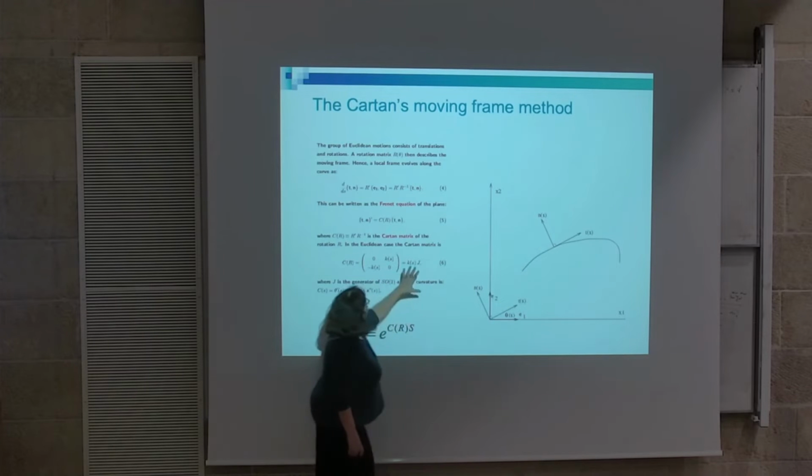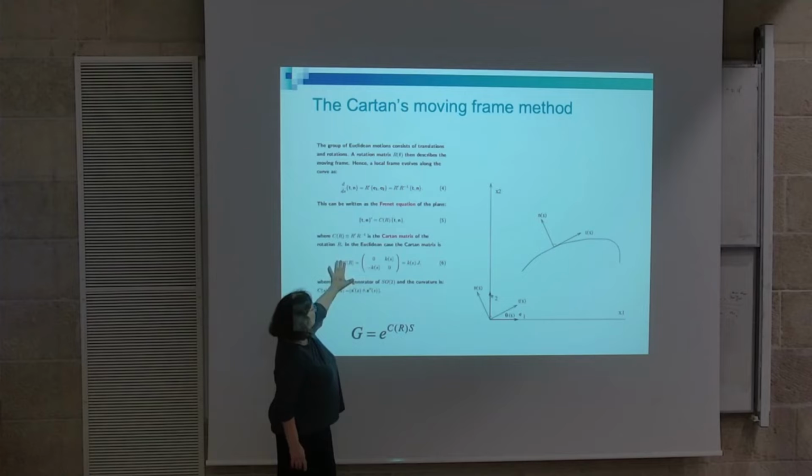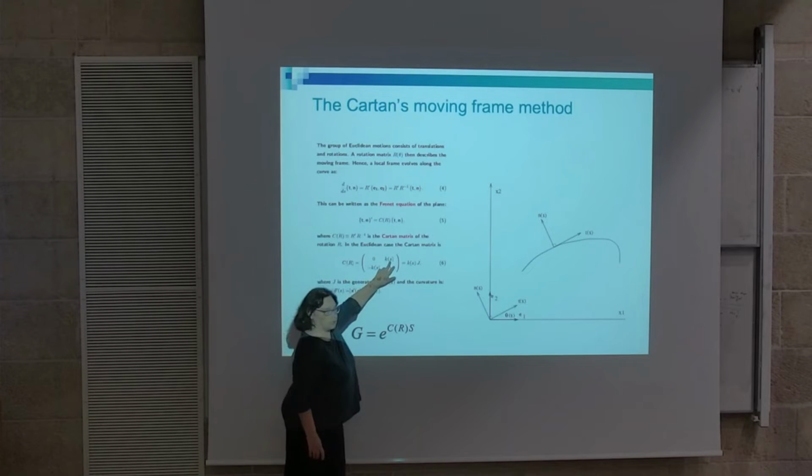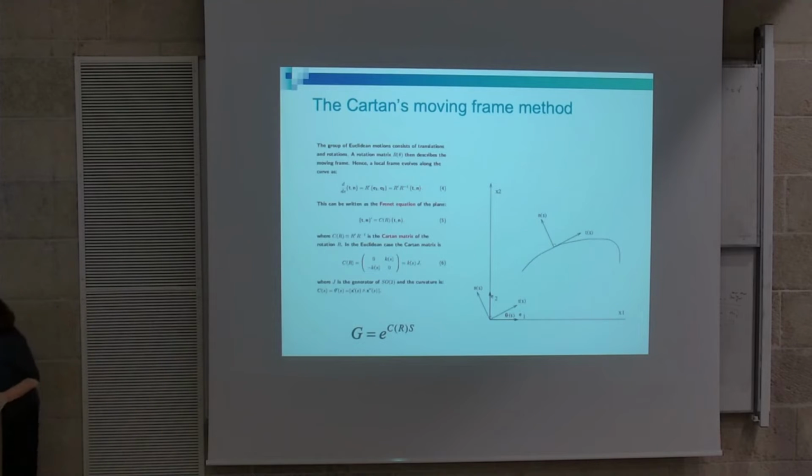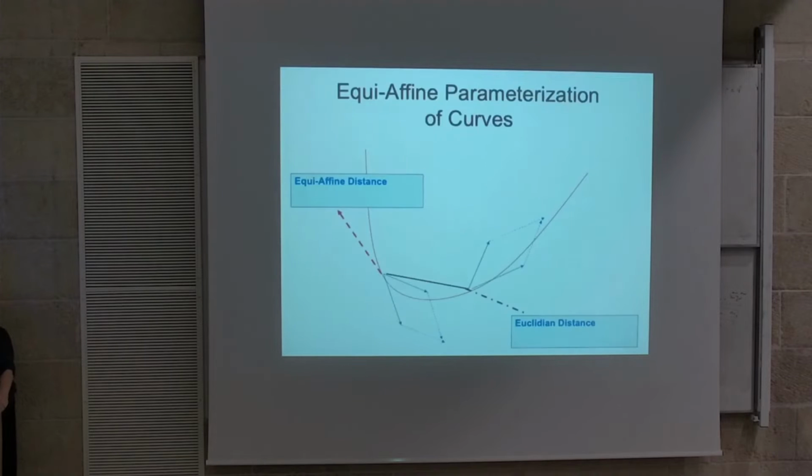You can express the transformation between the groups via the Euclidean curvature. But you can move to equiaffine geometry, and then the angle between the tangent and the transverse is not 90 degrees, it can be different angles. What is preserved is just the parallelogram between the tangent and the normal, and I preserve the area. So equiaffine distance is actually a measure of area, not a measure of distance.